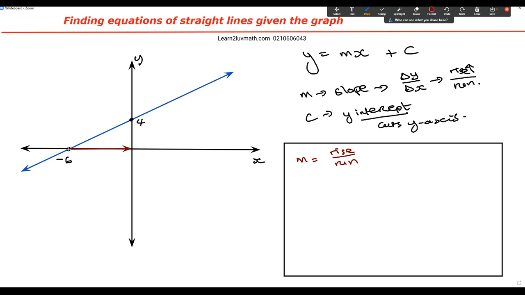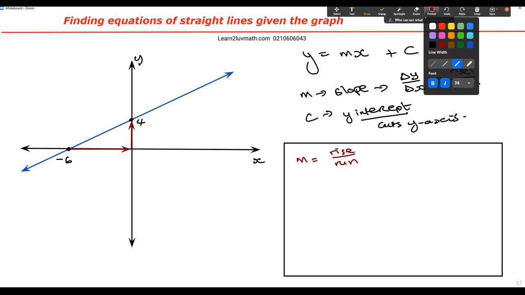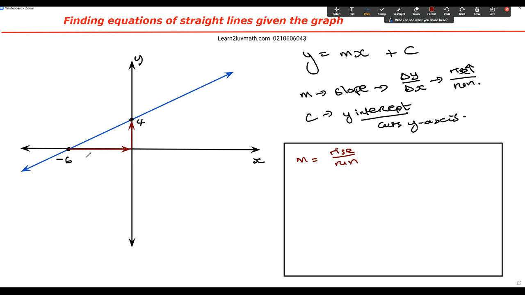I can go 6 units to the right, and I can go 4 units up. If you go right, we say that's plus. This is your run, and it's +6 because we're going right. And this is your rise, and it's +4 because we're going up.